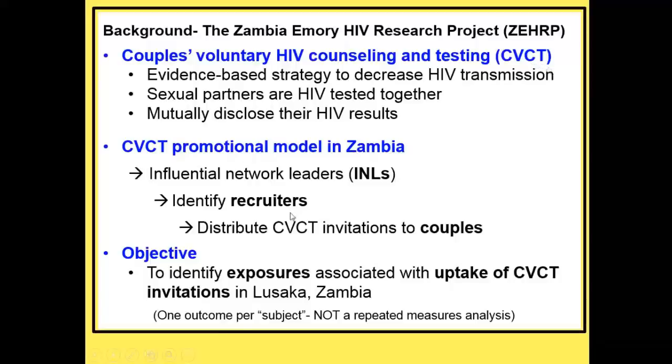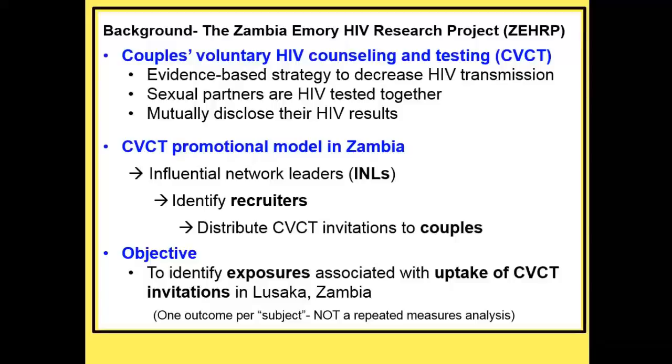And in this process, there were 3 levels. First of all, there was the individual couple level, with information on a couple and their characteristics. Then the couple was determined from recruiters.